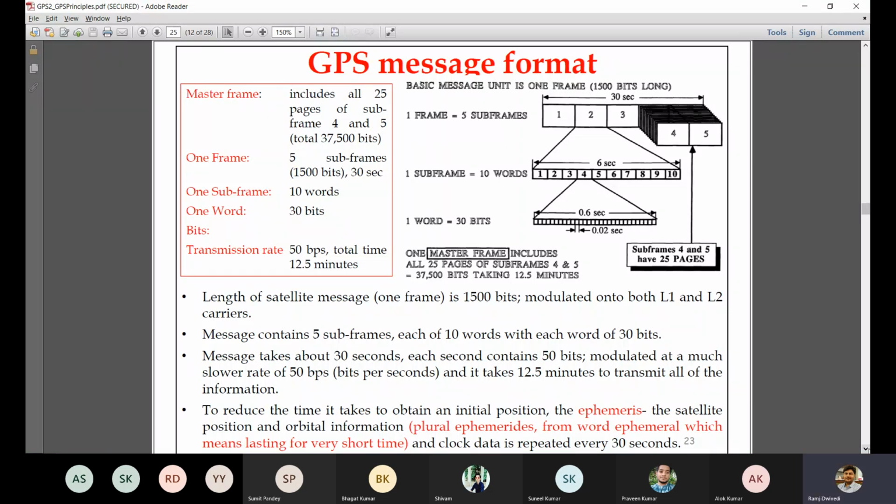So one master frame includes all 25 pages of subframe 4 and 5. That makes it 37,500 bits, taking 12.5 minutes when the transmission rate is 50 bps, bits per second.